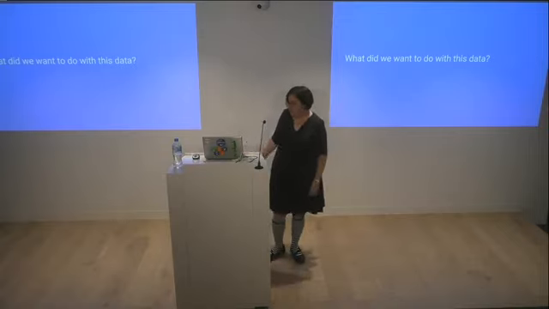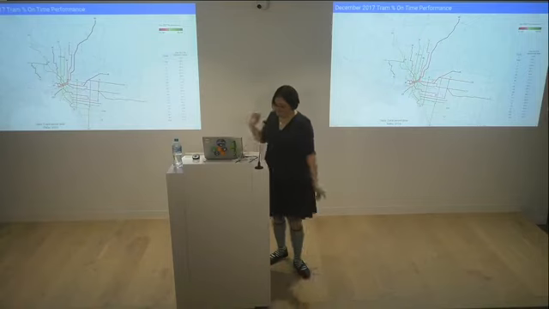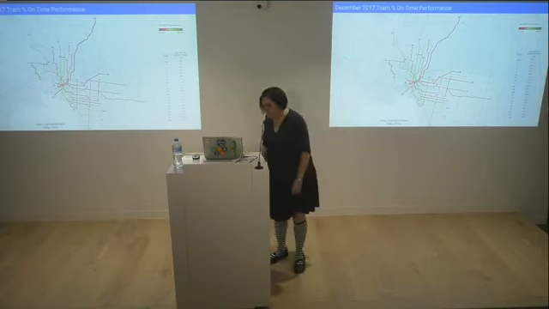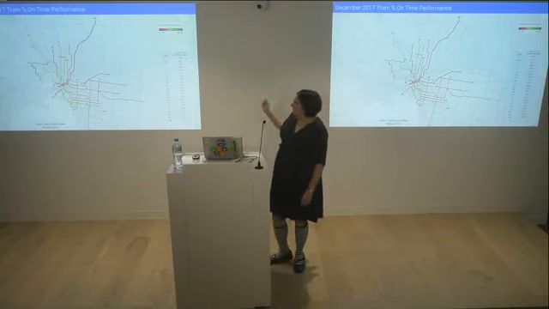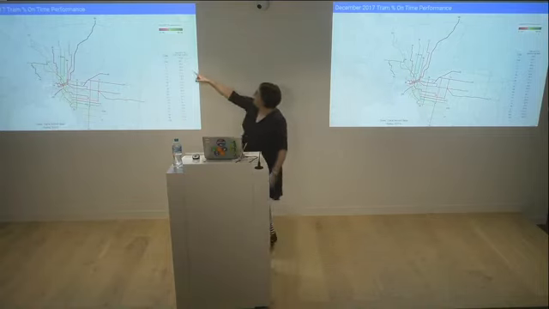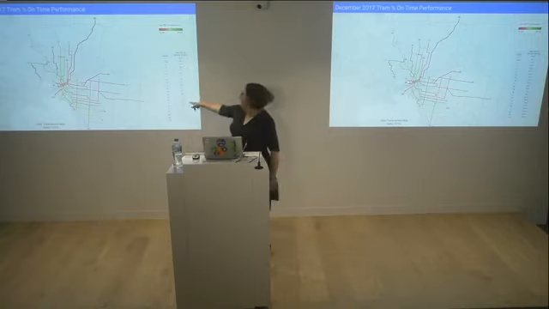So what did we actually want to do with this data? This is just a little something that I got together last weekend. This is the tram, with data from the website with the times.